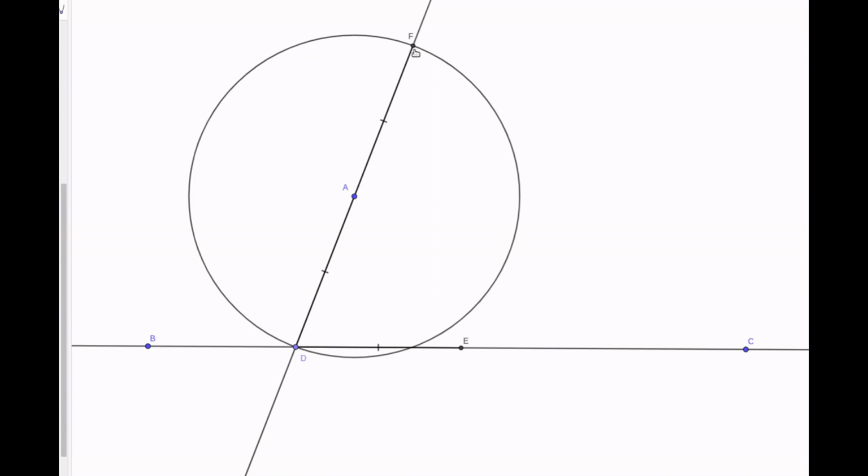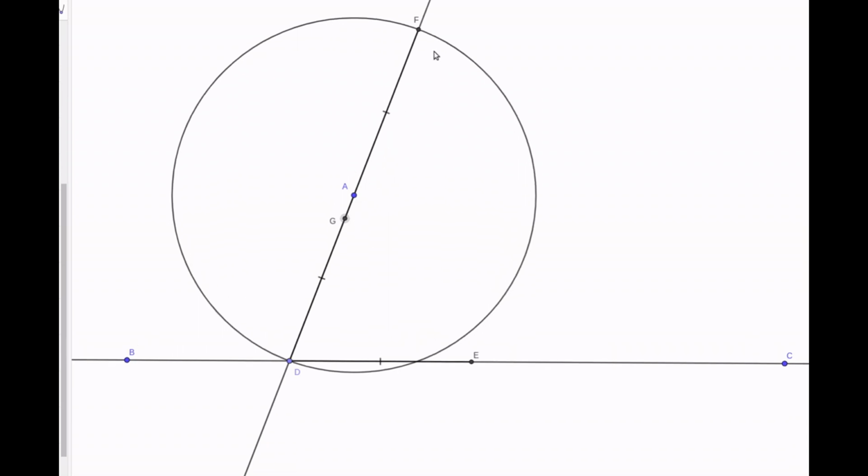Now if we consider the line from F passing through D, or that ray passing from F through D, then proposition 2 tells us that we are able to construct a point G on that line so that our line segment FG is going to be congruent to our line segment AE.